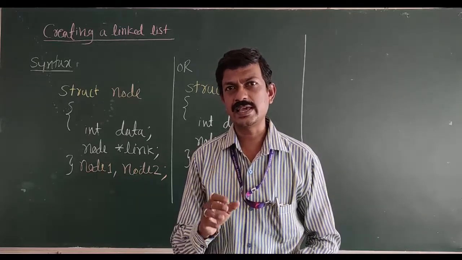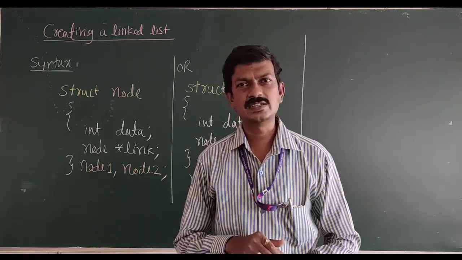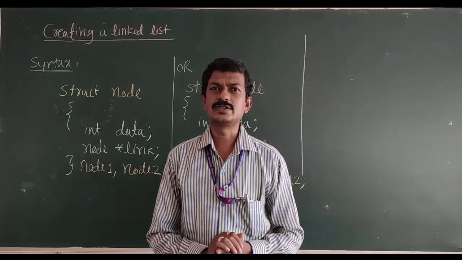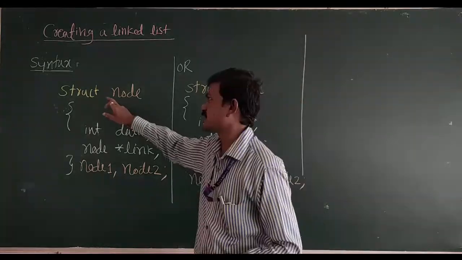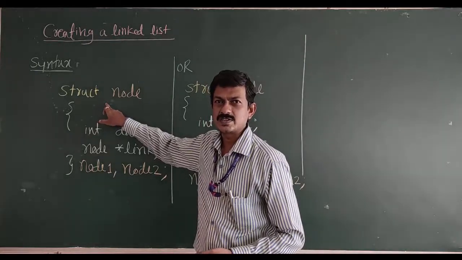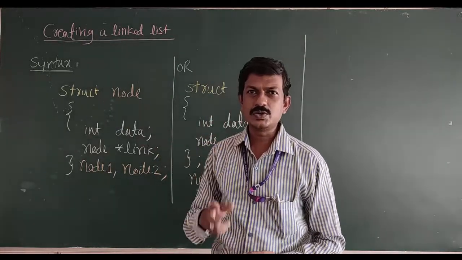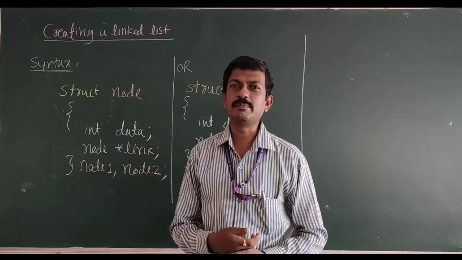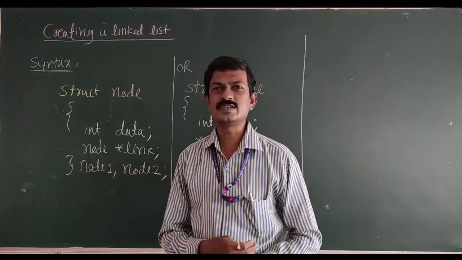That we can achieve with the help of the structure data structure. If you want to create a linked list, we require this structure data structure, which is able to store different kinds of data items.